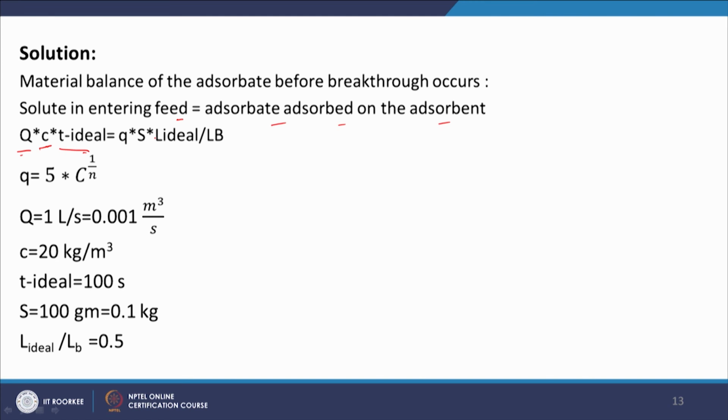q is the specific uptake and S is the adsorbent present in the adsorbent bed. Here we have L ideal by L b. If it is ideal, from initial t equal to 0 up to this point, this part is adsorbed. So this is L ideal and this is your L b.